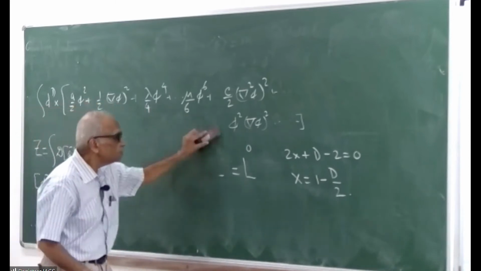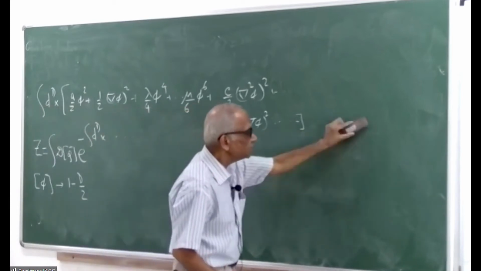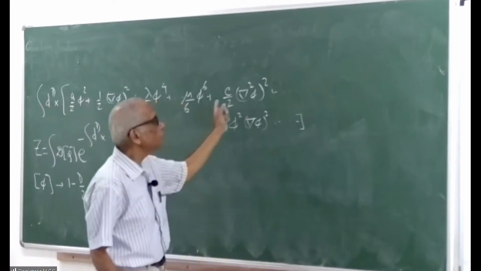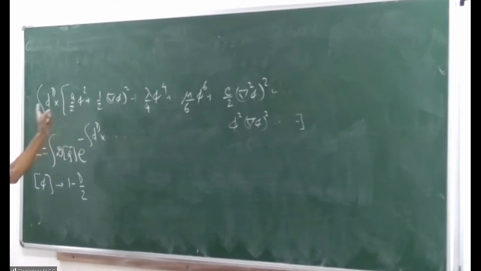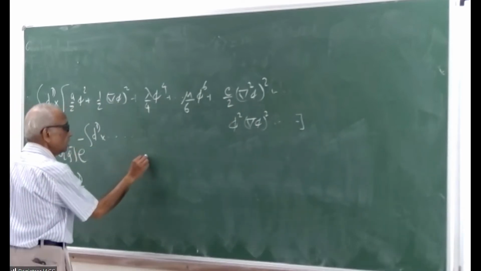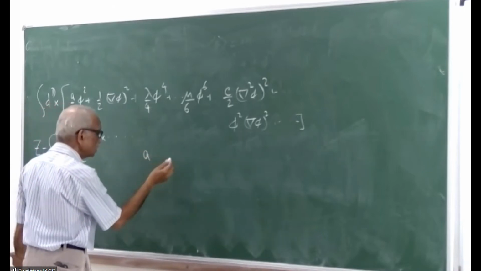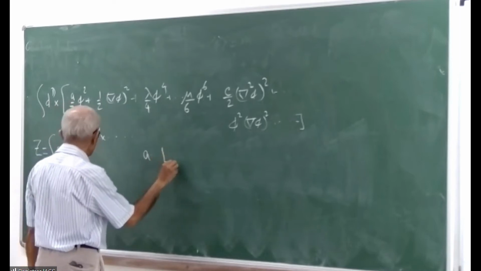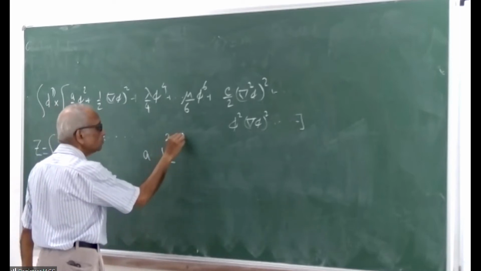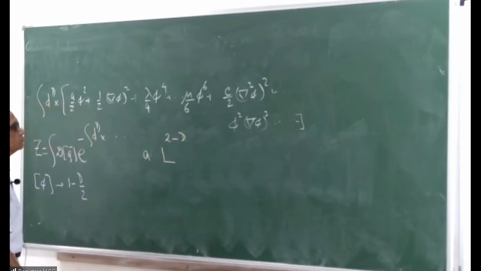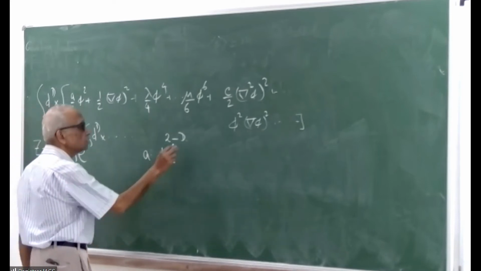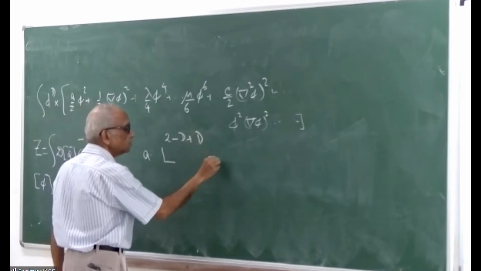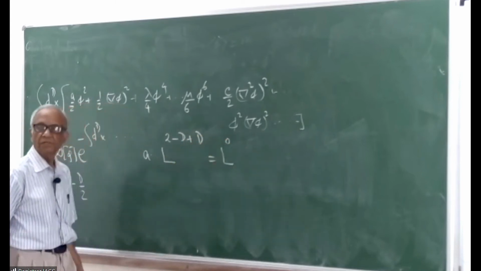Now I need to find the dimensions of A and lambda and mu, c, and so forth, everything. A has some dimension, and then phi squared is L to the power 2 minus d, times L to the power d, equal to L to the power 0.